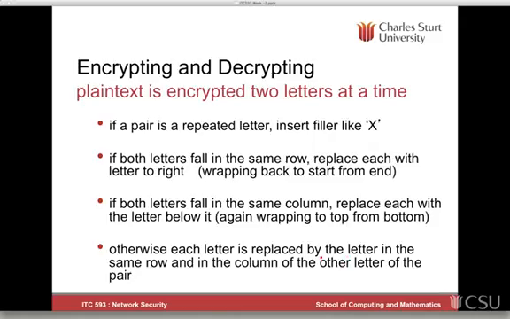If both letters fall in the same row, replace each with the letter to its right, wrapping back to the start from N, so AR encrypts as RM. If both letters fall in the same column, replace each with the letter below it, again wrapping from bottom to top, so MU encrypts to CM.